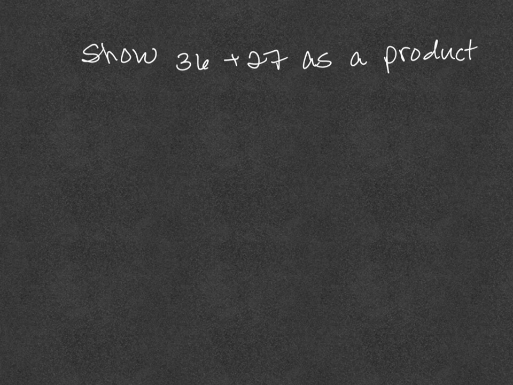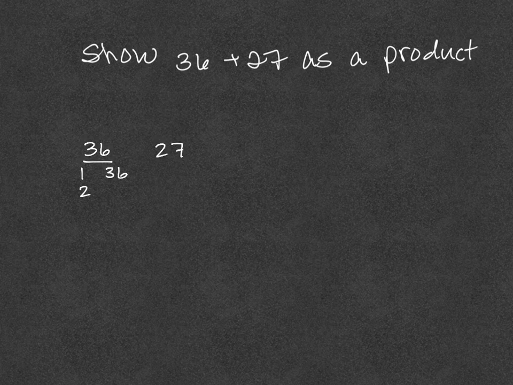Okay? So I'm going to use the listed way, because that's the way I'm most comfortable with. 36 factors and 27 factors. So for 36, I get 1 times 36, 2 times 18, 3 times 12. Does 4 go into 36 evenly? Oh, yes, it does. 4 times 9. 5?